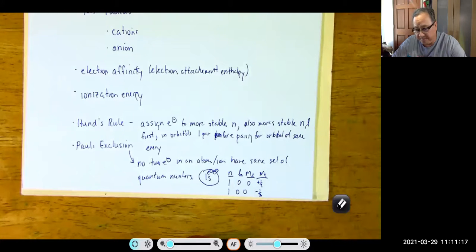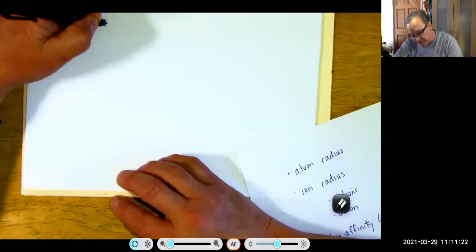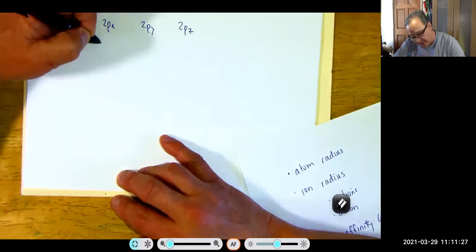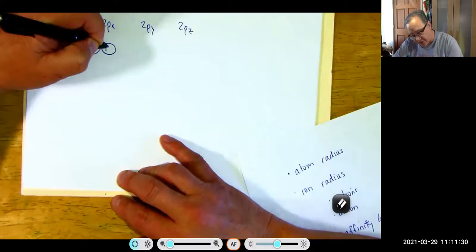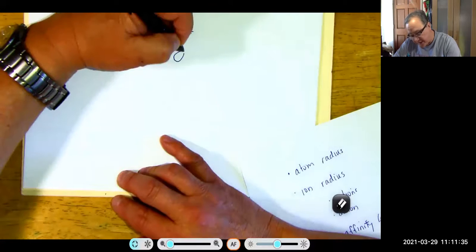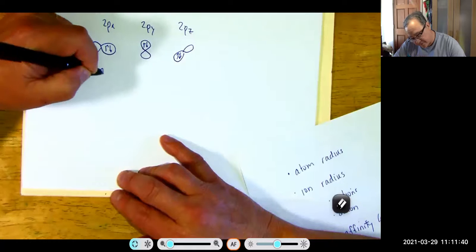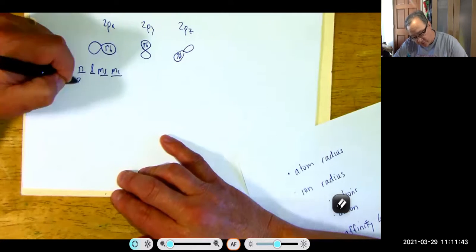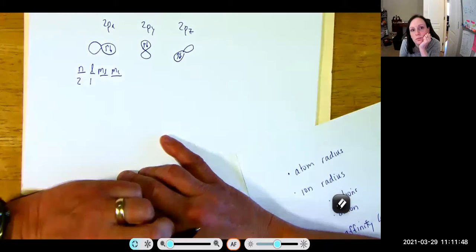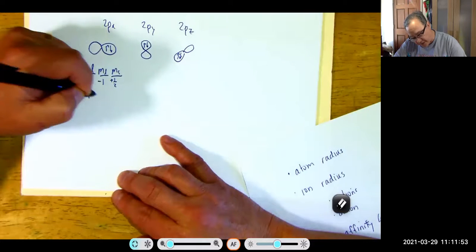Right? And if we look at a 2px, a 2py, and a 2pz, so here's your x, and here's your 2 electrons, here's your y, and here's your 2 electrons, and here's your z, and here's your 2 electrons. Since it's p, l is 1, right? And m sub l is -1, plus 1/2, so 2, 1, -1, plus 1/2, and 2, 1, -1, minus 1/2.